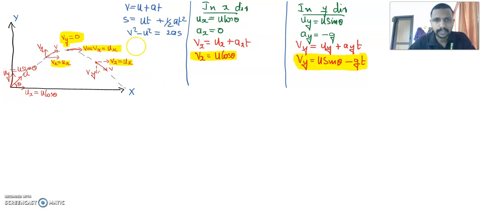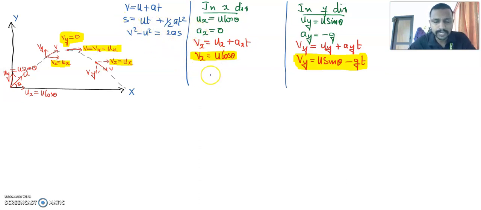Okay, then let's find out the position of the projectile at a time t. For that, we will use the second equation of motion, which is S is equal to ut plus half a t square.